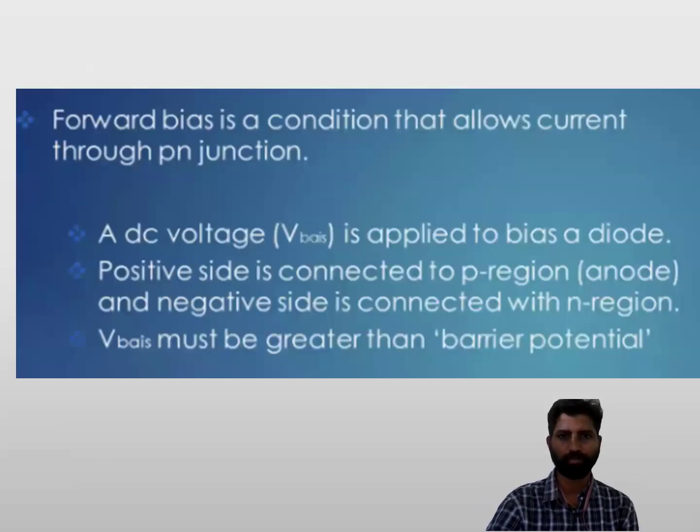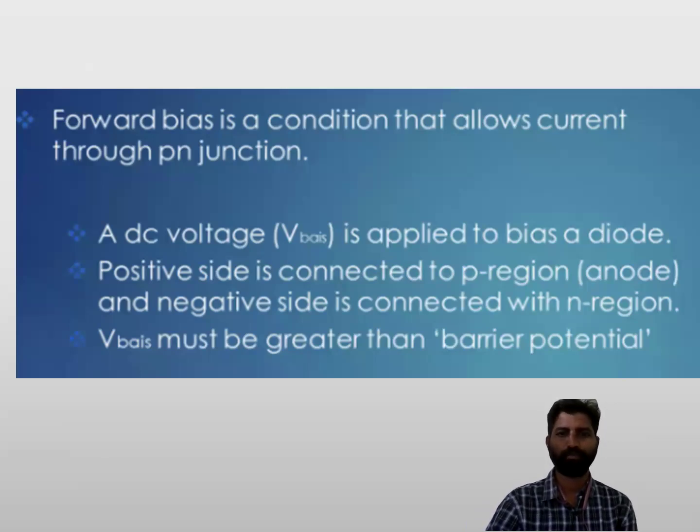So for forward bias, the condition allows the current and a DC voltage is applicable. The DC voltage's positive terminal is connected to the region which is the anode, and the negative side is connected to the region which is the cathode.